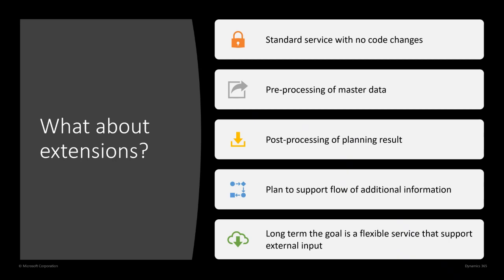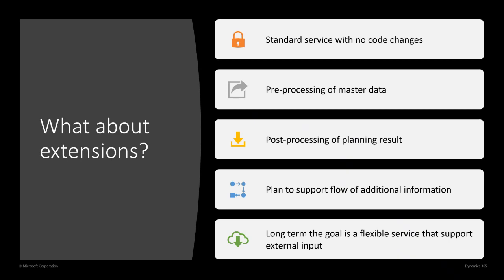So today, the options are that you can either do pre-processing of the master data, because all the master data is taken from Dynamics 365 Supply Chain Management, meaning that if you change the data, it will be those data that the service uses. Another option is post-processing of the planning result.